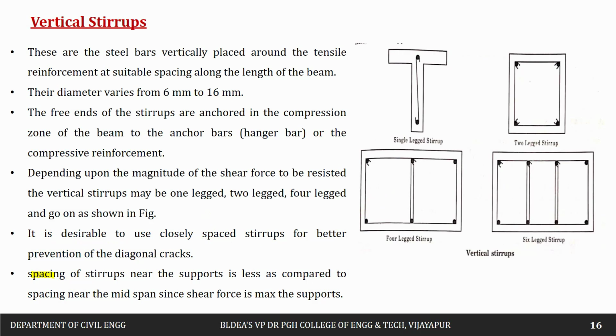The spacing of stirrups near the support is less compared to the spacing near the mid span, since shear force is maximum at the support. Stirrups are closely spaced near the support and more widely spaced at the center, because shear is less at the center. So we keep the spacing of the stirrups less near the supports.